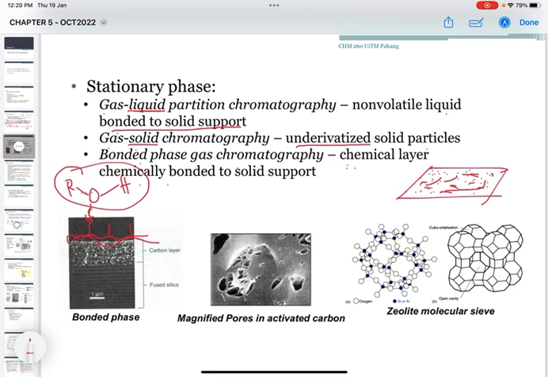It is a chemical layer, like this zeolite molecule, it is like a layer, it is bonded. It is not a single molecule like that. It is a network which makes it a layer. So we use it as the stationary phase which is chemically bonded to solid support. So the bottom one is the solid support, the top one is maybe our stationary phase.